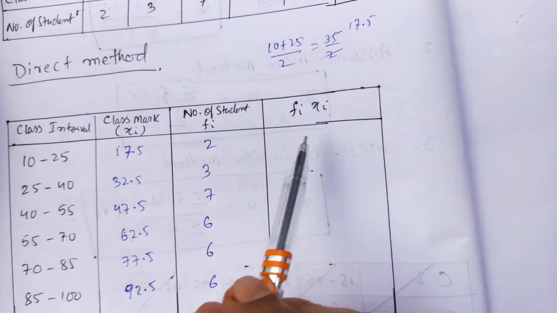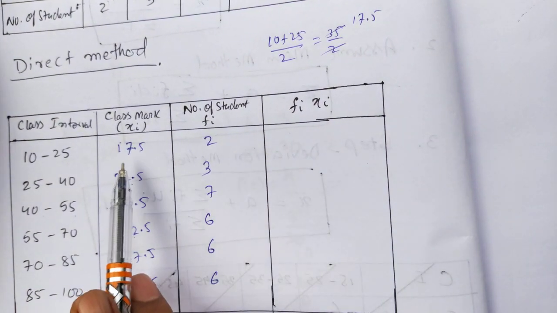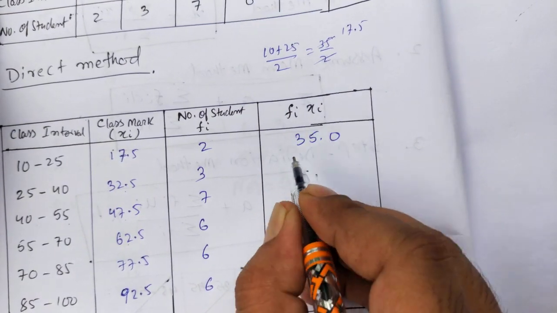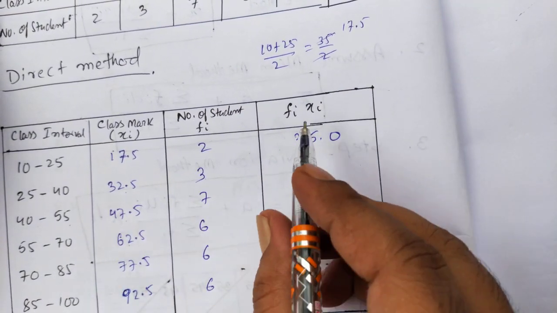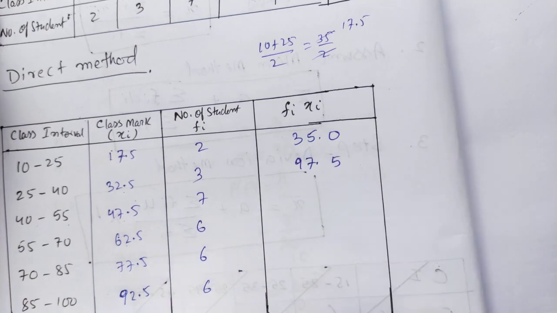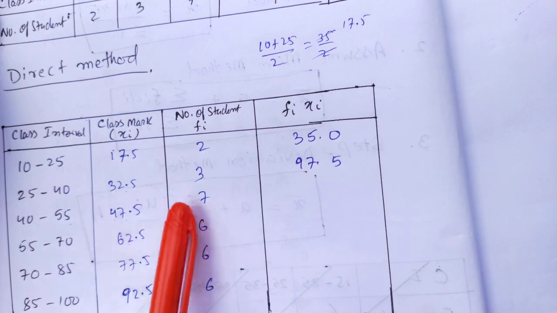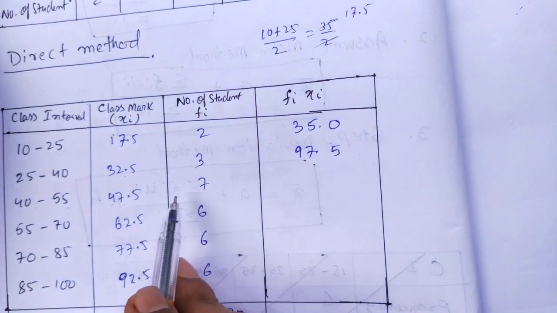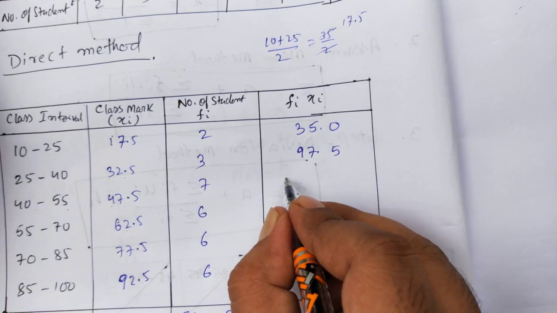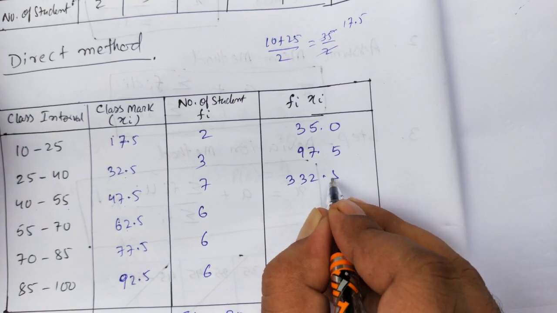Now fi xi means I'll multiply these two. If I multiply this, I'm getting 35.0. If I multiply these two, I'm getting 97.5. I have to multiply fi and xi. Now 7 into 47.5 is 332.5.